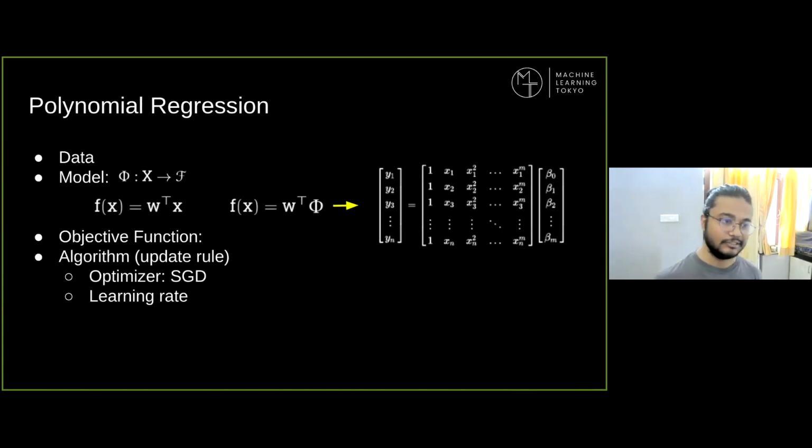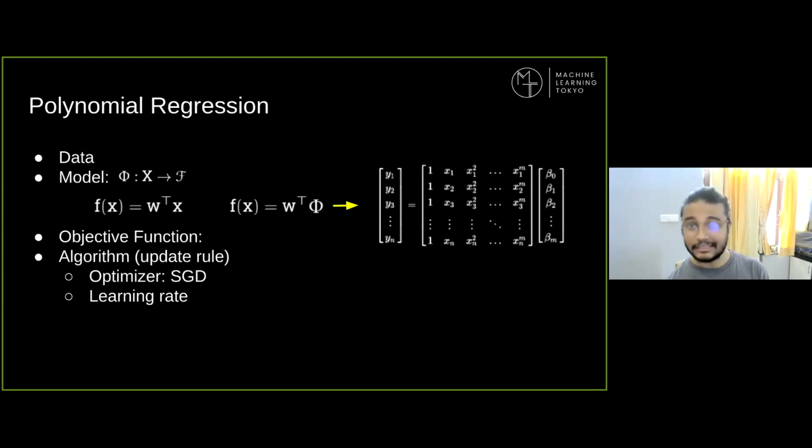So the advantage of introducing these new features into our data is that we can now inject non-linearity into our model. So even though the model is still linear, we can now model non-linearity because of this introduction of the basis function.